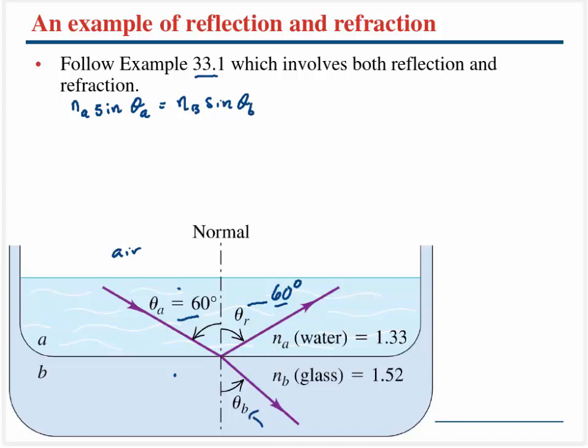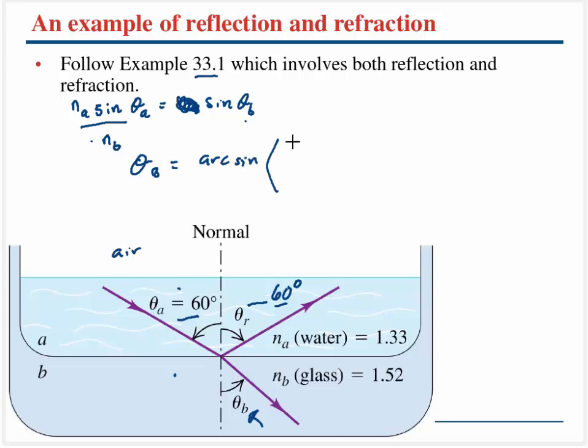For this angle right here, theta b, we're going to say we need to apply Snell's law, and I've already written it to save me a little bit of time. And we're interested in this angle theta b, so let's first go ahead and divide both sides by the index of refraction. And then we can say, well, I'm interested in theta b, so I need to take the arc sine. So theta b is going to be equal to the arc sine of this beast right here.